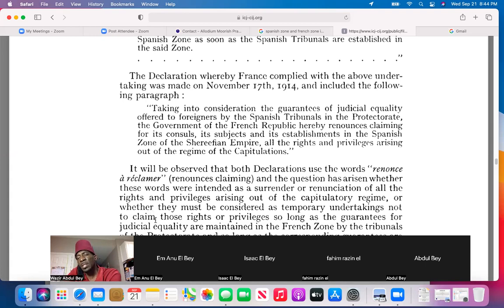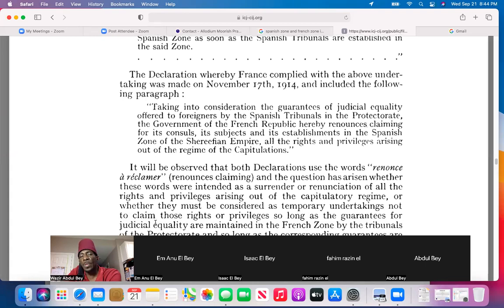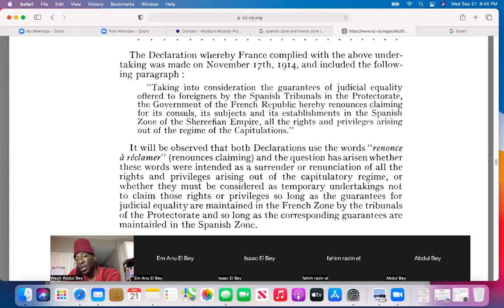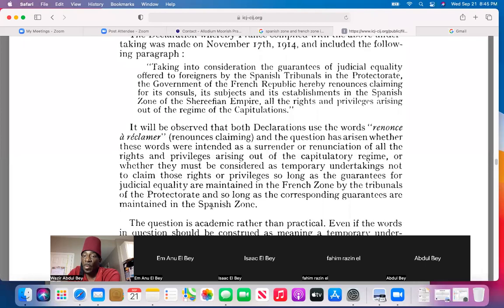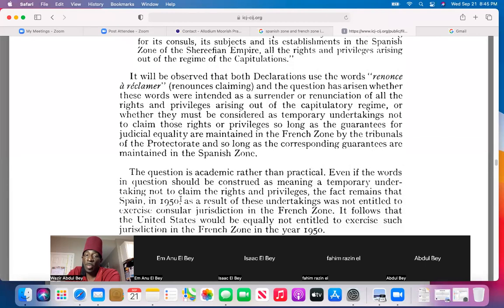And the question has arisen whether these words were intended as a surrender or renunciation of all the rights and privileges arising out of the capitulatory regime, or whether they must be considered as temporary undertakings not to claim those rights or privileges so long as the guarantees for judicial equality are maintained in the French zone by the tribunals of the protectorate, and so long as the corresponding guarantees are maintained in the Spanish zone.